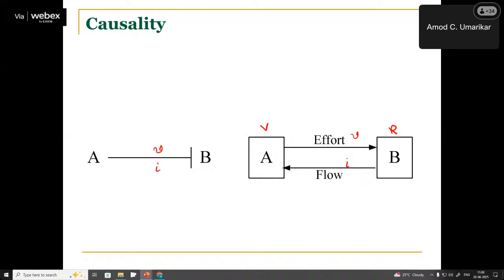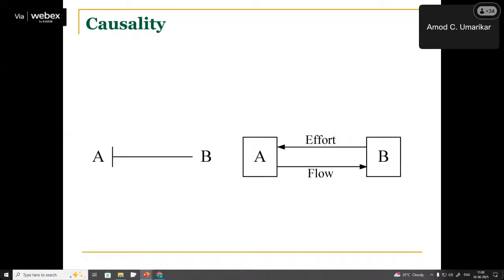Now I am applying voltage here, current is coming out. Similarly, if I am now applying current, this is a current source and this is a resistor. If I am applying current here, what is coming out? Voltage.